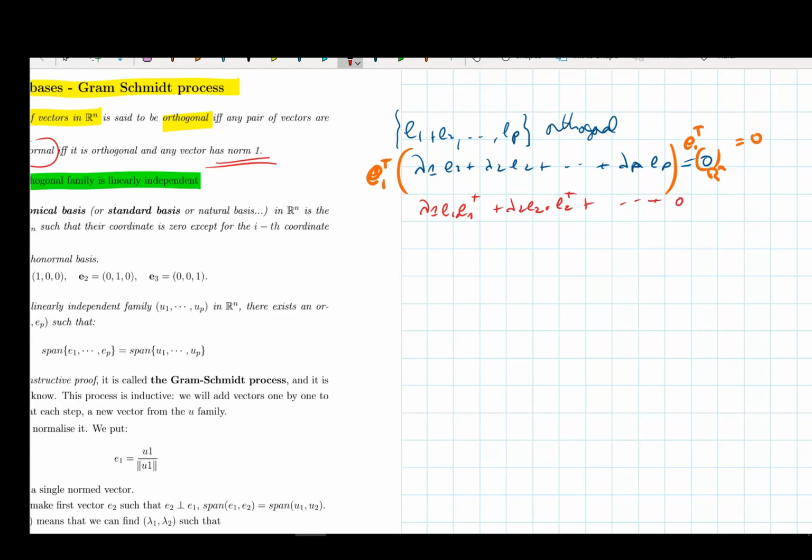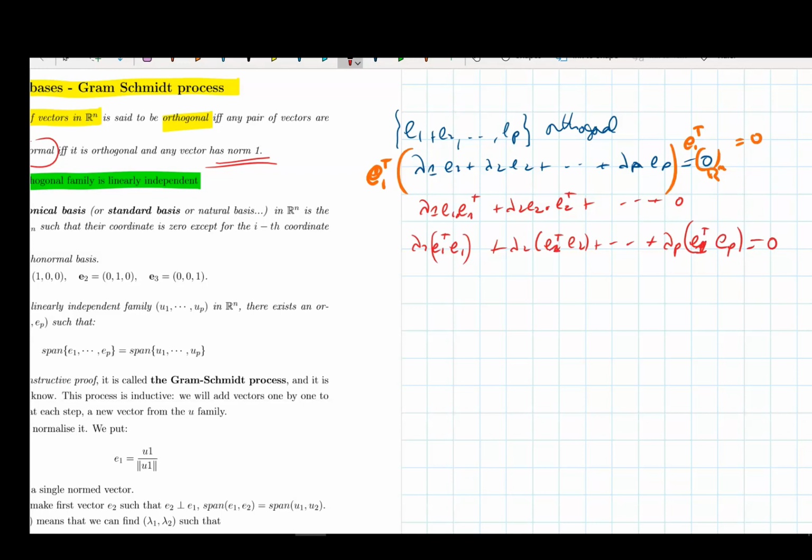In matrix notation, lambda 1 E1 transpose E1, that's just the same thing, plus lambda 2 E1 transpose E2, plus etc., up to the p-th vector, lambda p E1 transpose EP. Sorry, that's not the dot product for this last one that I was writing. Okay, and that should be equal to 0.